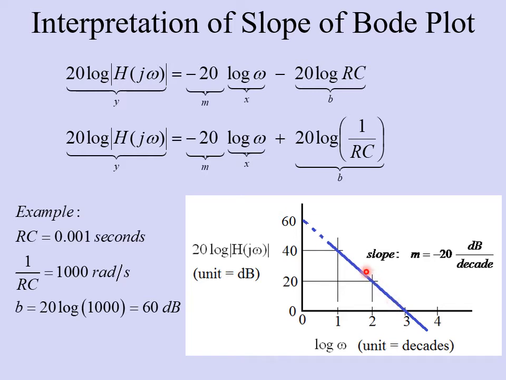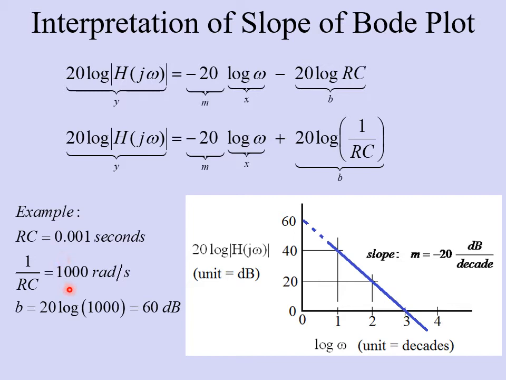The other thing, which we don't have to worry about too much here, is this last term, minus 20 log of RC. We can do a little trick here. This minus sign, we can turn into a plus sign if we raise RC to the minus 1 power, which becomes 1 over RC. For this example, I put in values where RC, which is the RC time constant of the circuit, is 1 millisecond.